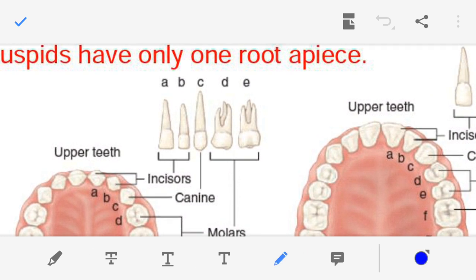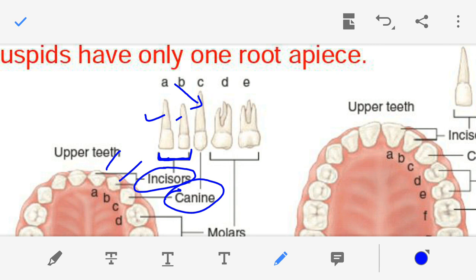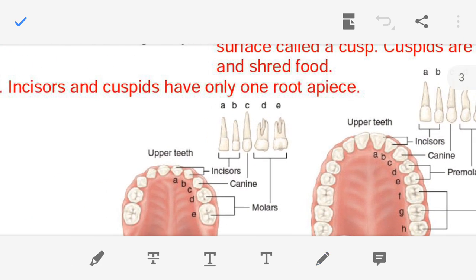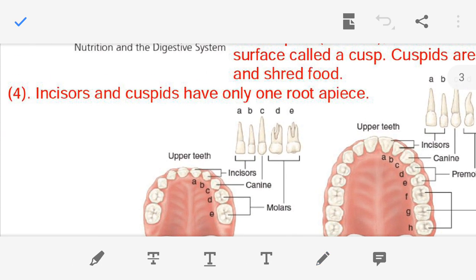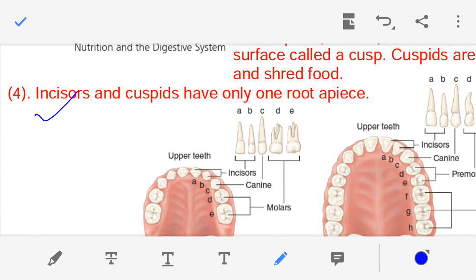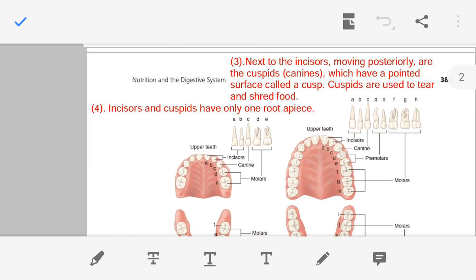I am zooming in so that you can see. For example, these are incisors, and you can see they have only one root. The canine also has only a single root. So that is the meaning of this fourth point: incisors and cuspids have only one root.